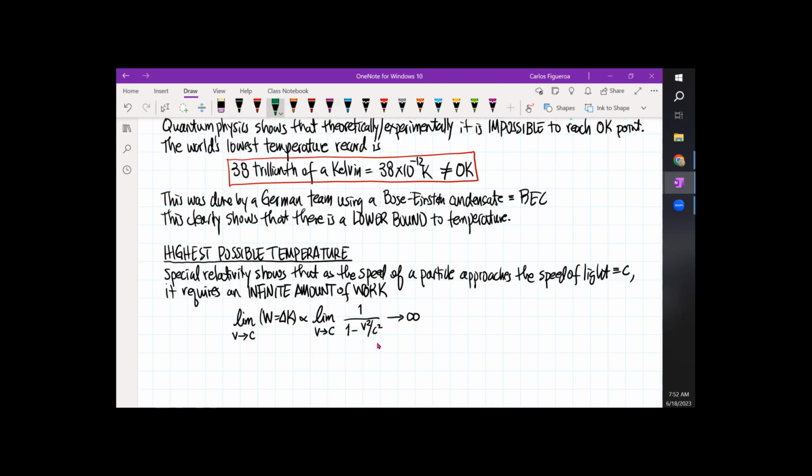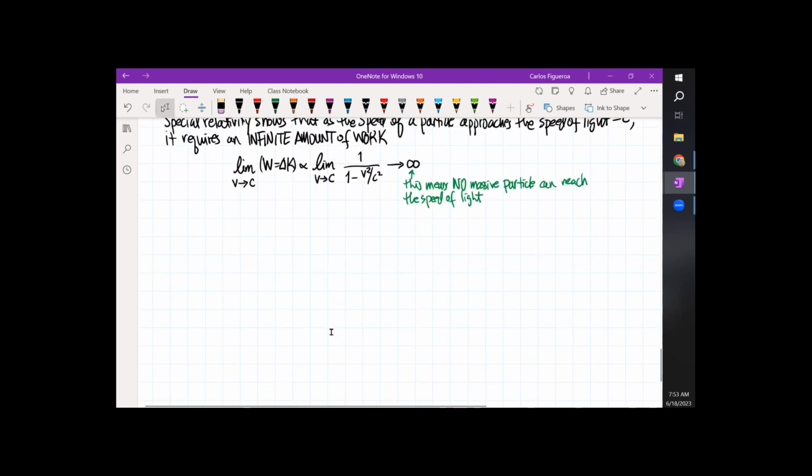Well, this means no massive particle can reach the speed of light, because you have to do an infinite amount of work. That doesn't make any sense. So what do we know here?